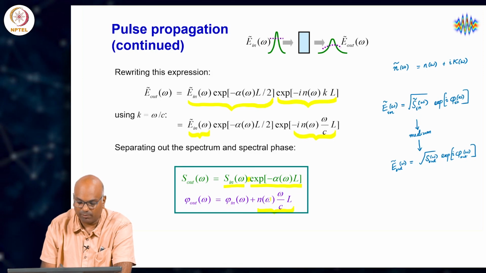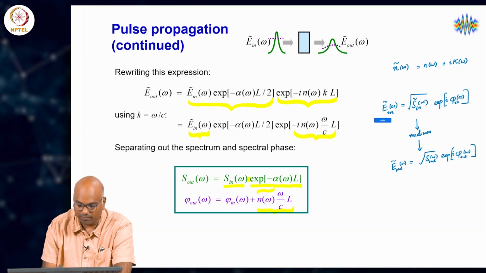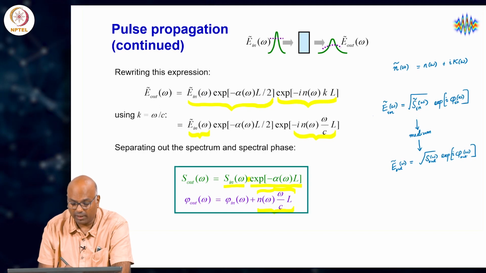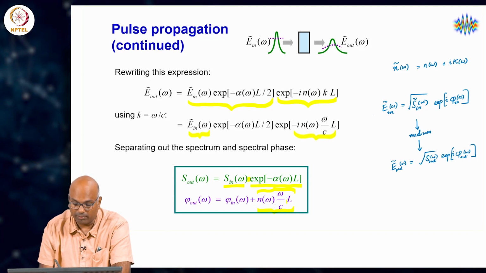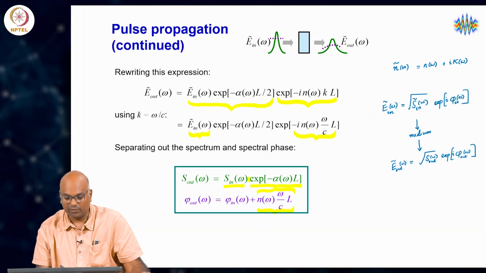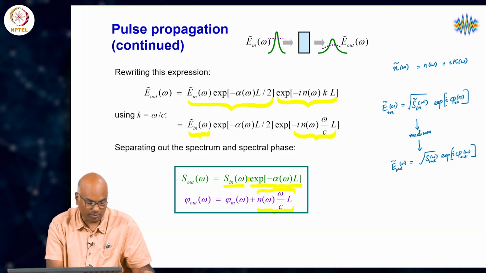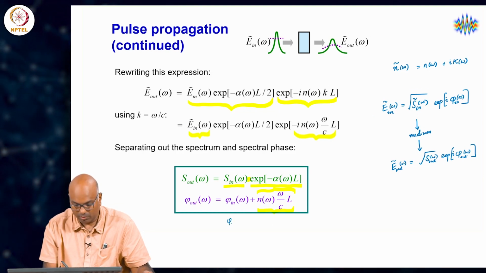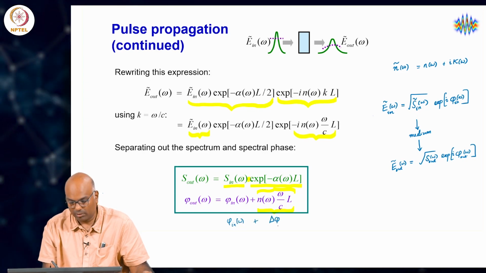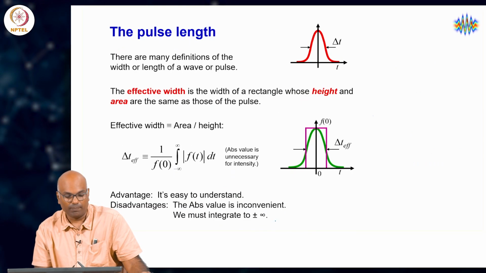So, input phase plus this quantity, n of omega by c times L, becomes an additive change delta phi. So, this is phi in of omega plus delta phi of omega.